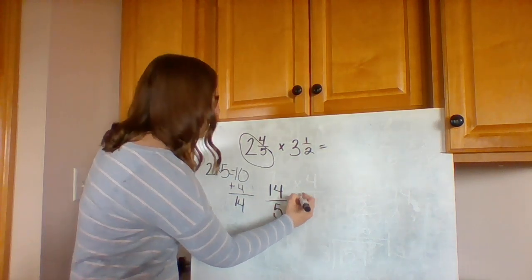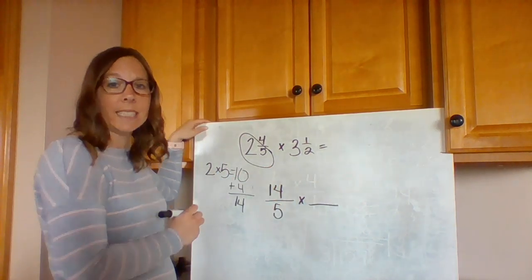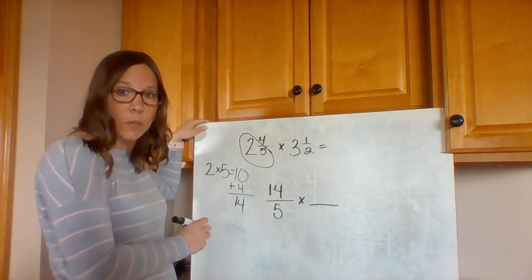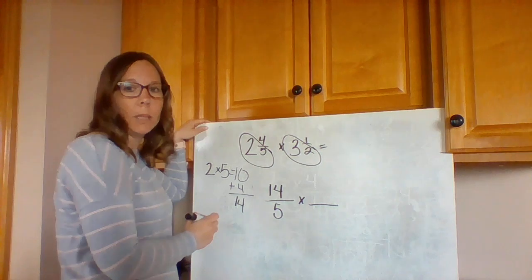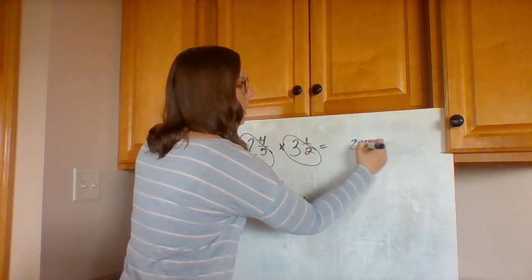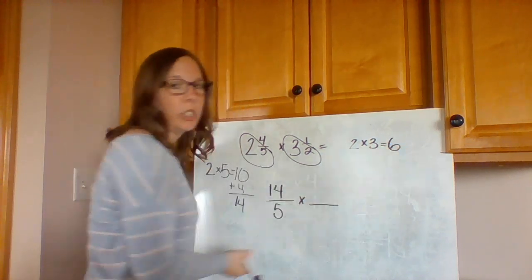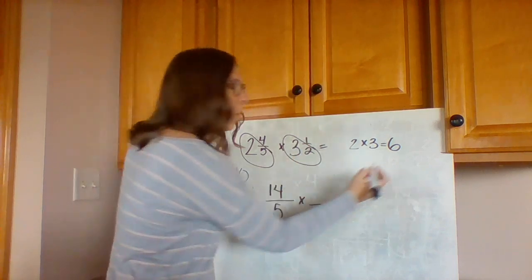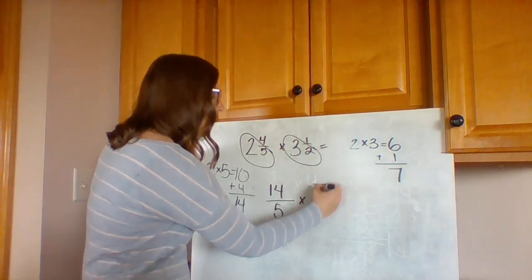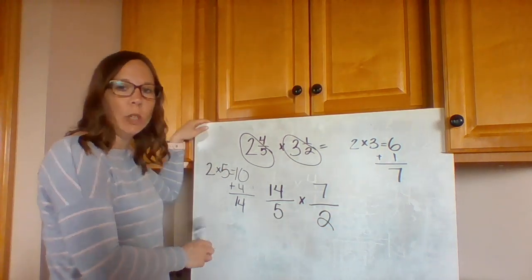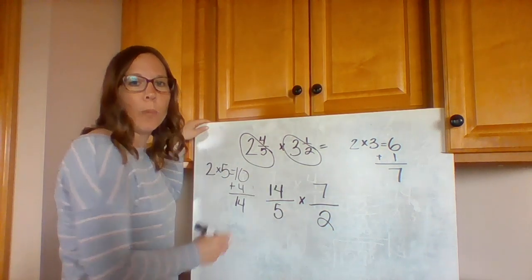Now, I have to do the exact same to my second fraction because that's also a mixed number. So again, I am going to multiply 2 times 3, which is 6, and I'm going to add 1 to it, which is 7. So now I have 7 over 2. I left my same denominator, brought it straight down.